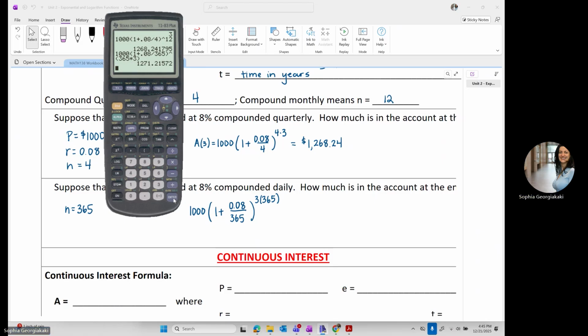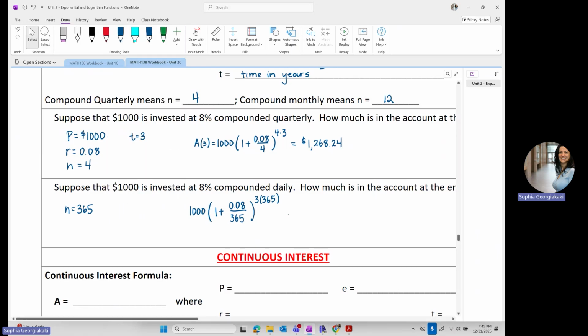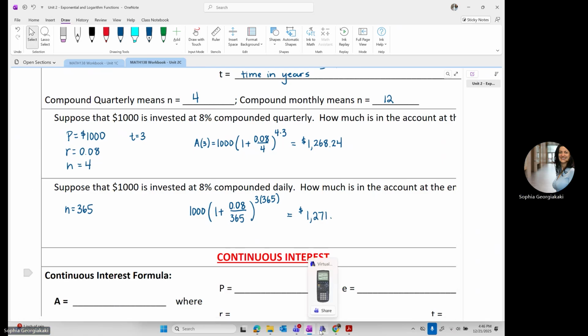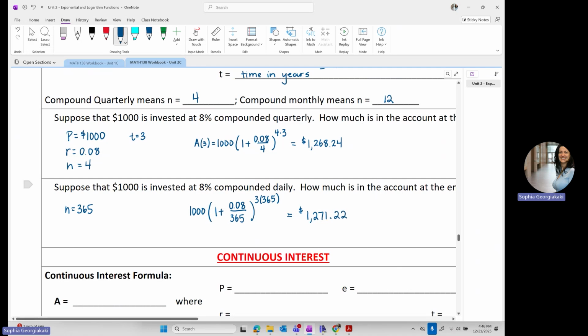And it is now $1,271 and 22 cents. So the more often you compound, the more money accrues in the investment.